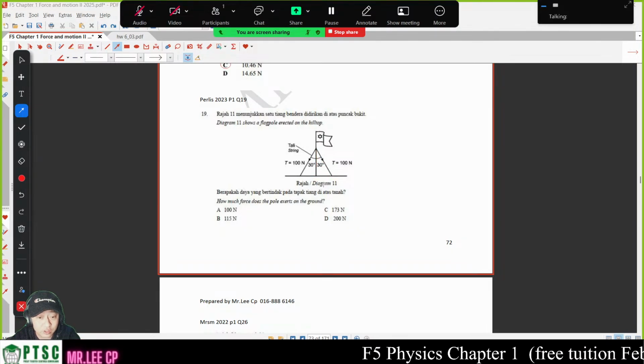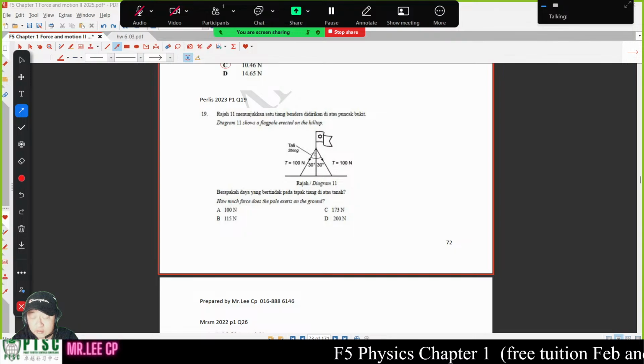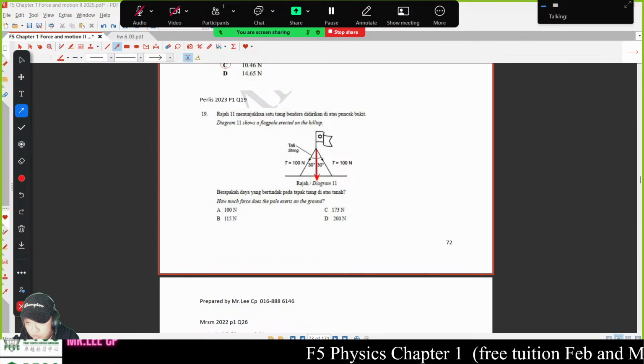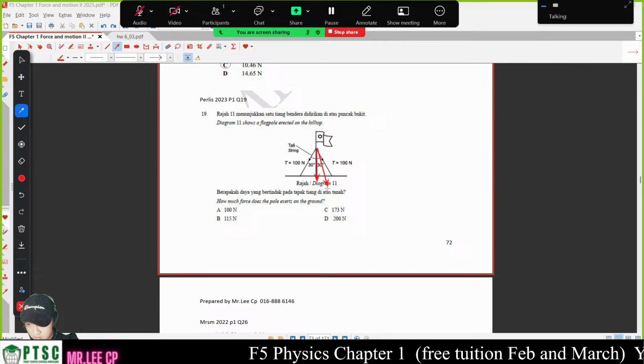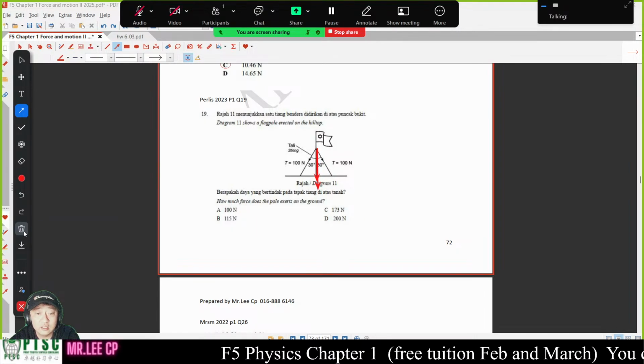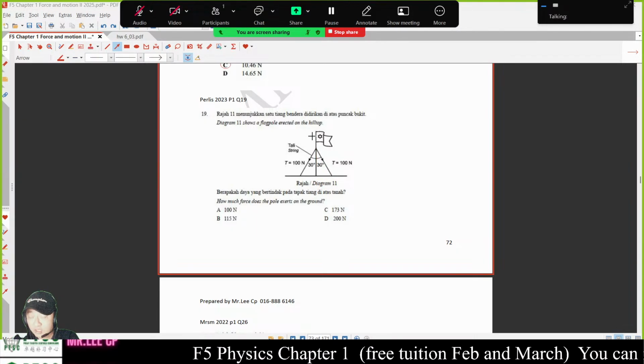So we got two forces here. 100, 100. So this one you bring to here. Touch or not touching? Touch the T. So this one also touches the T. Right? So 100 cos 30 plus 100 cos 30.